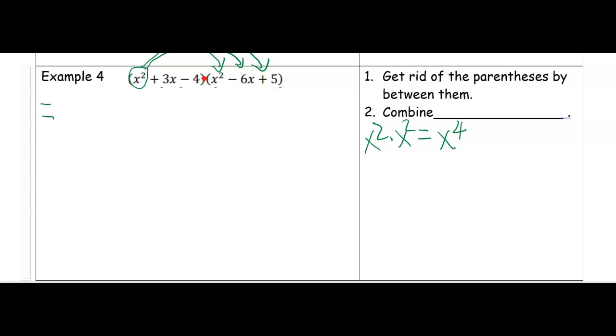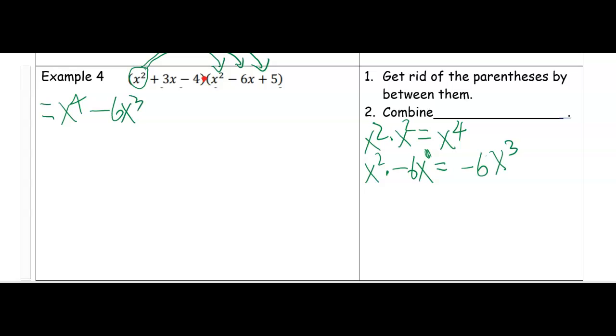So it's x to the power of 4. Second arrow, x squared times negative 6x. Number part is just negative 6. Nothing you can do, copy it down. x part is x squared times x1. Add up the heads. It's x to the power of 3. Okay? It's minus 6x to the power of 3.